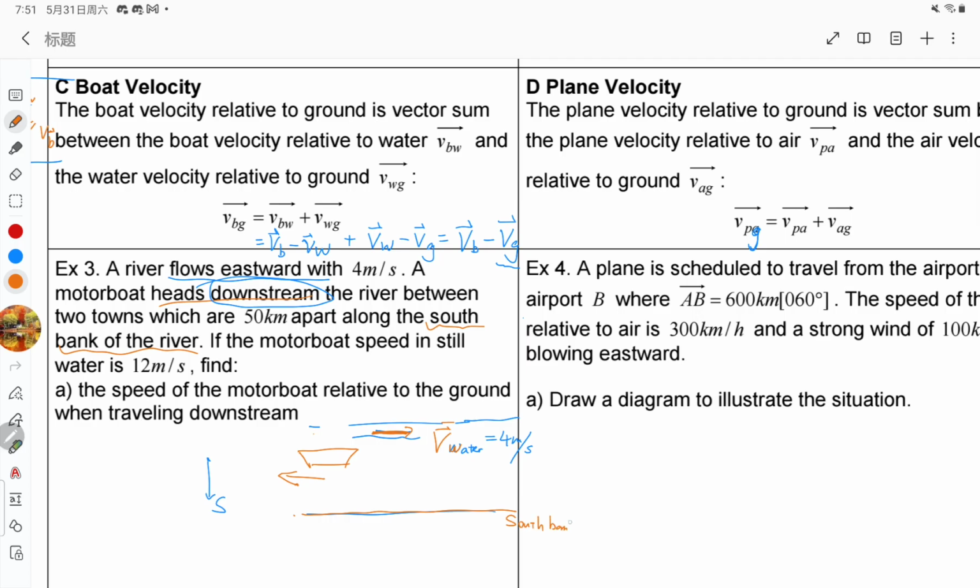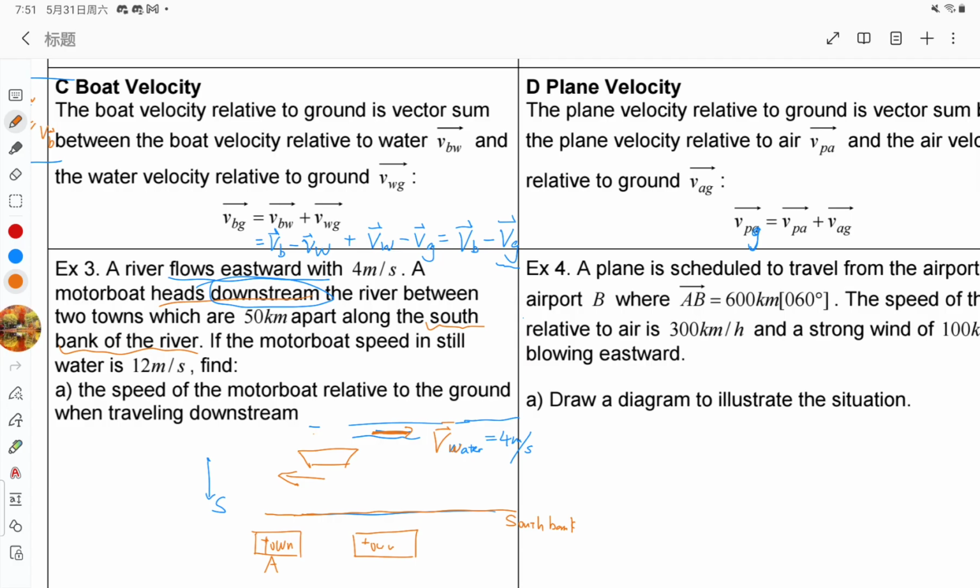And then the two towns 15 meters apart, right? So let's say this is town A, and then town B, but I don't know which is in which position. If the motorboat speed in still water is 12 meters per second.